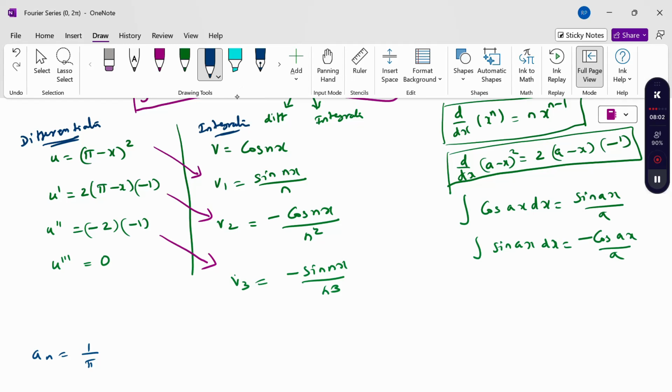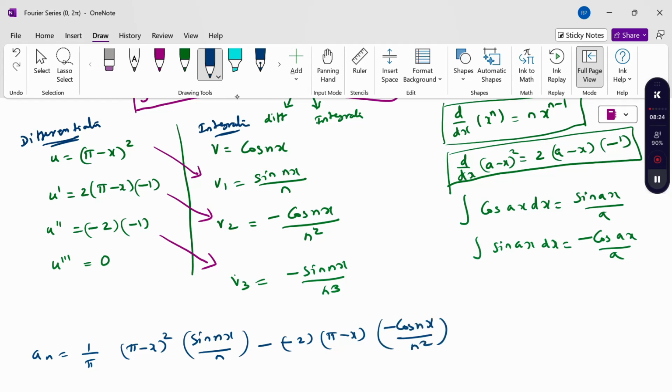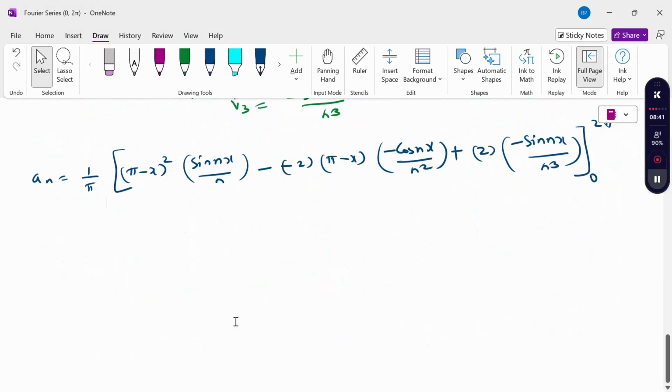So this is u and this is v1: pi minus x square into sin nx by n, minus u dash, which is minus 2 pi minus x, into v2, minus cos nx by n square, then plus u double dash, which is minus 2 plus minus 1 2, then minus sin nx by n cube, from 0 to 2 pi. So now substitute the upper limit and then the lower limit.